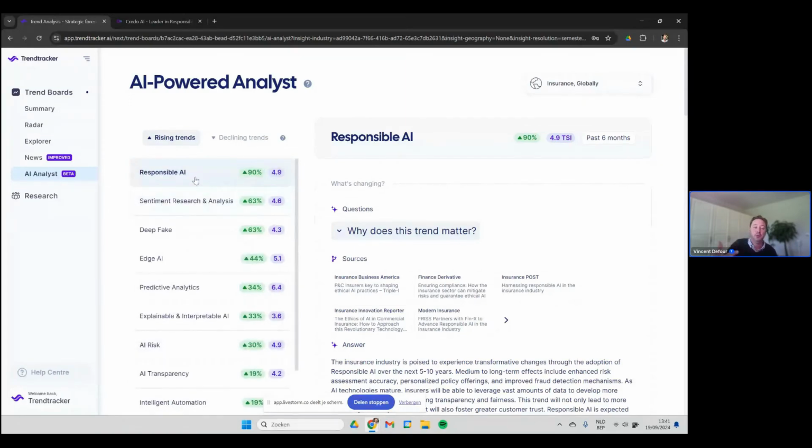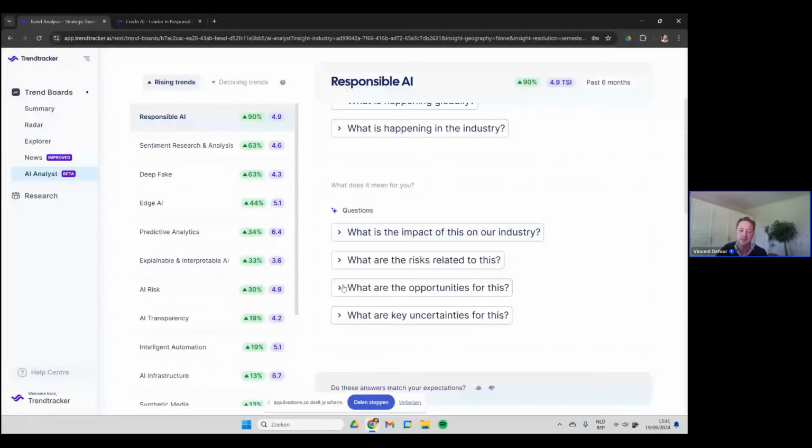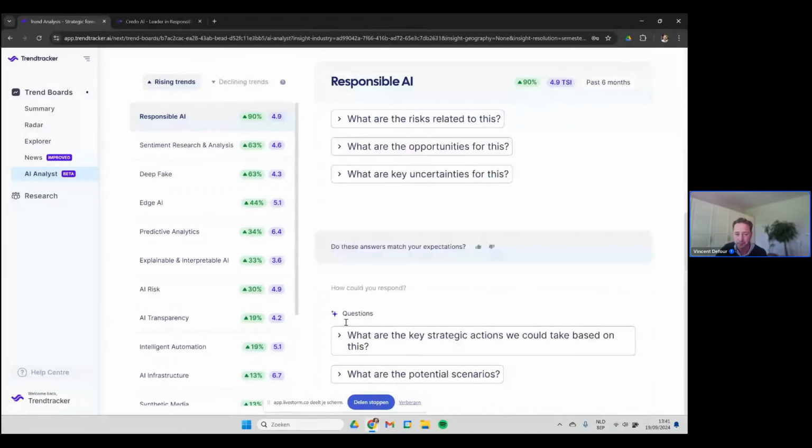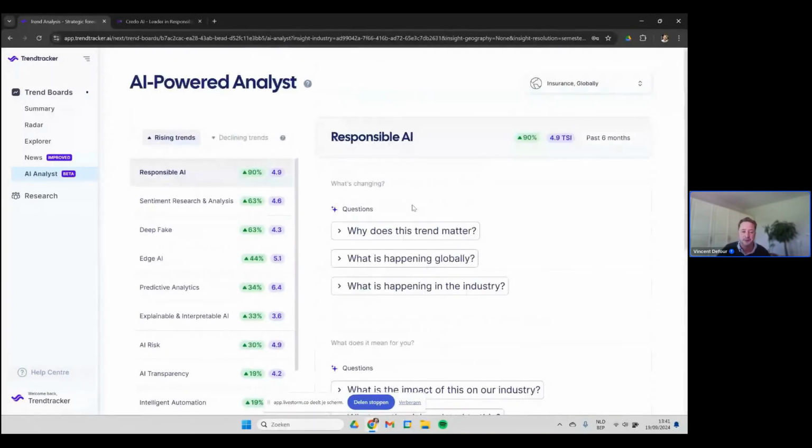And if we would zoom in onto these specific trends, well, these are like the strategic brief questions that you can use. And we have these predefined strategic questions populating all kinds of strategic analysis that you might have. So for instance, responsible AI, okay, it has grown considerably over the course of 6 months.